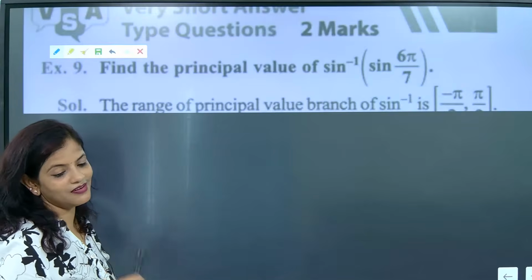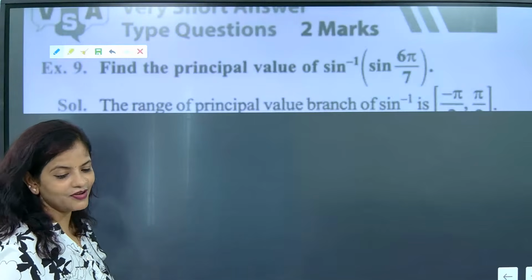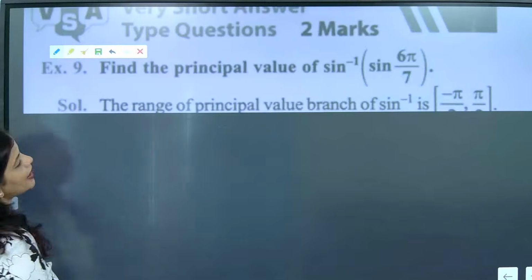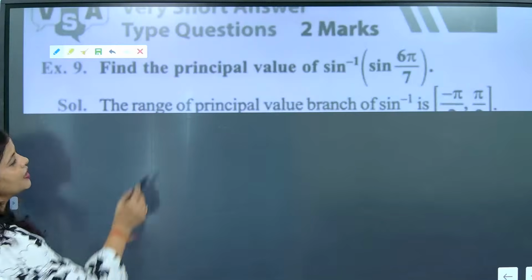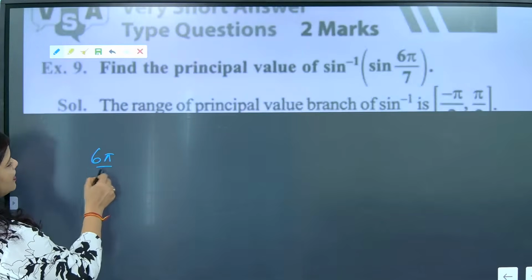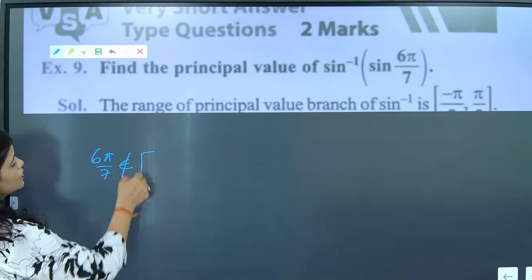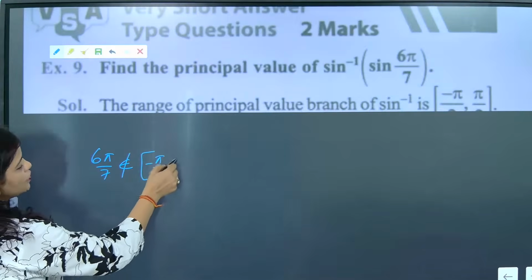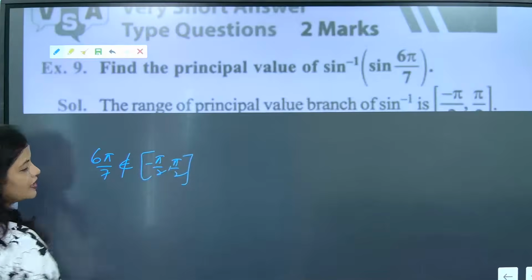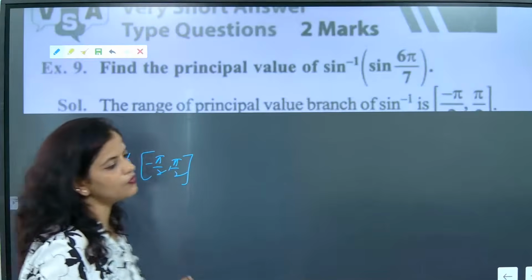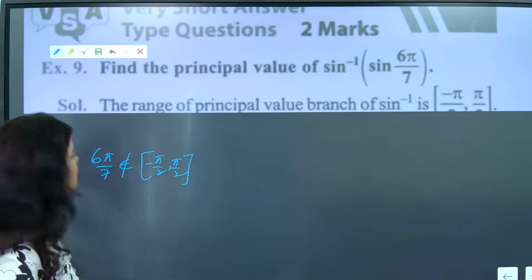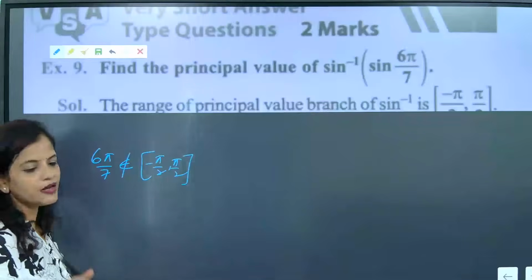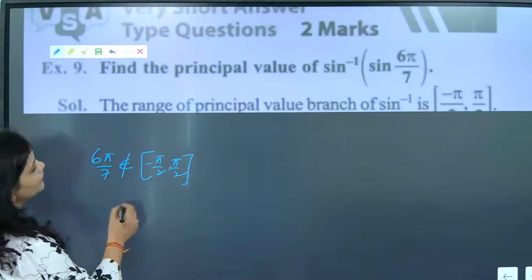First you read, then you do anything. Right now reading is more important. So here 6π/7 does not belong to the -90 to +90 limit. Understood? So first we have to convert it into that limit. Then we will be able to solve the next part of the question.